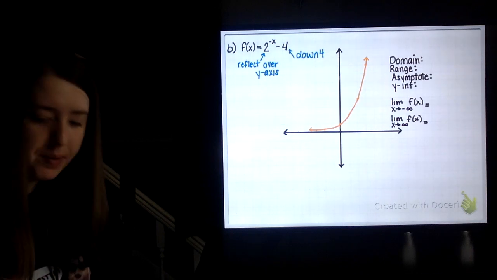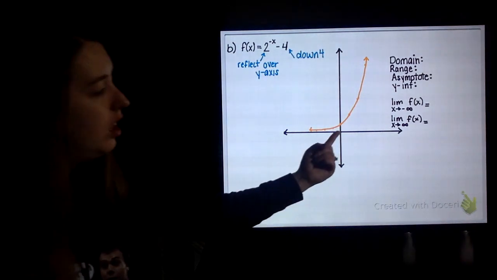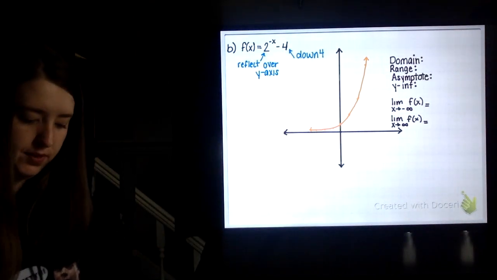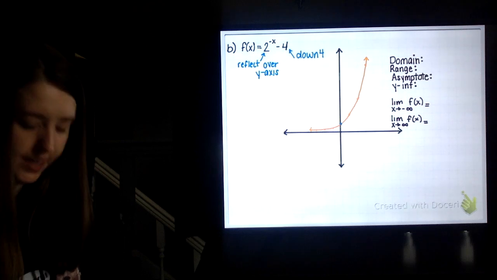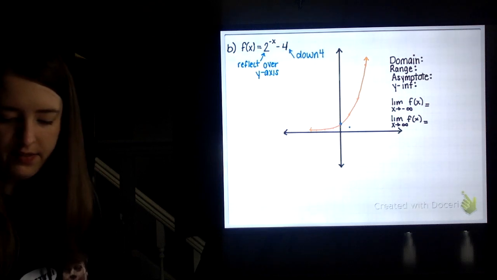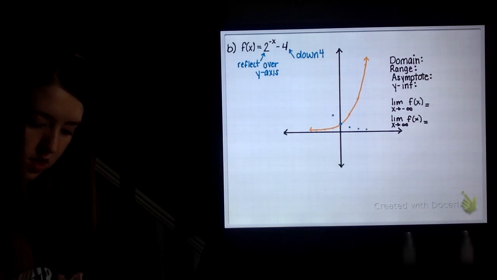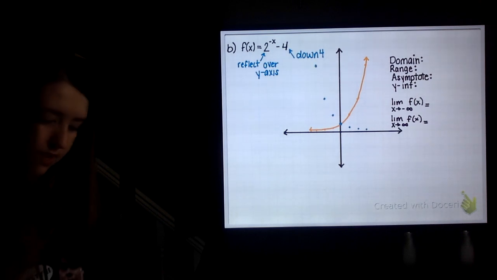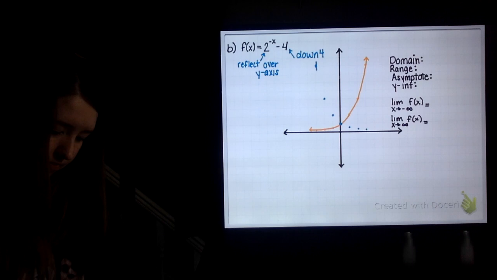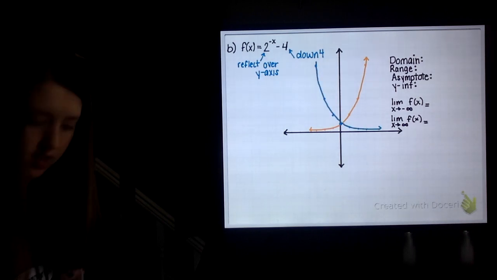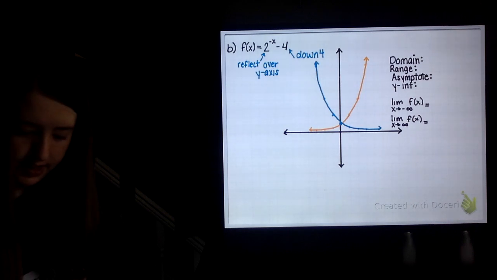Remember that the piece that is on your line of reflection doesn't move. So my y-intercept is going to stay my y-intercept. Then it was 1/2, 1/4, 1/8. All right, there we go. So that guy is 2 to the negative x.